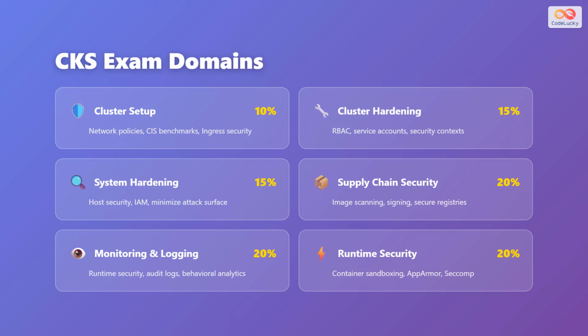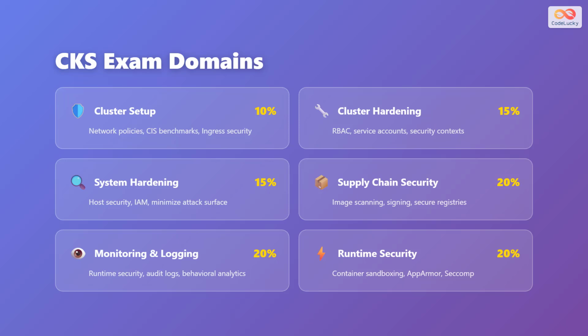The CKS exam is divided into 6 major domains, each with specific weight. Cluster setup accounts for 10% and covers network policies, CIS benchmarks, and ingress security. Cluster hardening makes up 15%, focusing on RBAC, service accounts, and security contexts. System hardening, also 15%, deals with host security, IAM, and minimizing the attack surface.